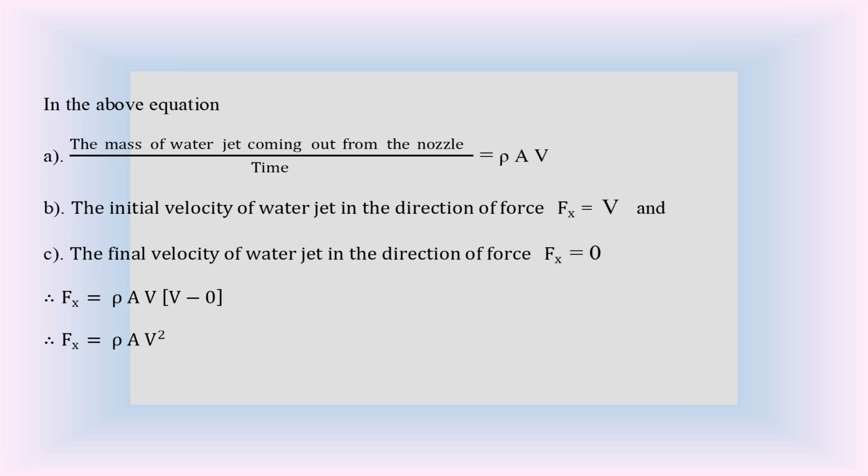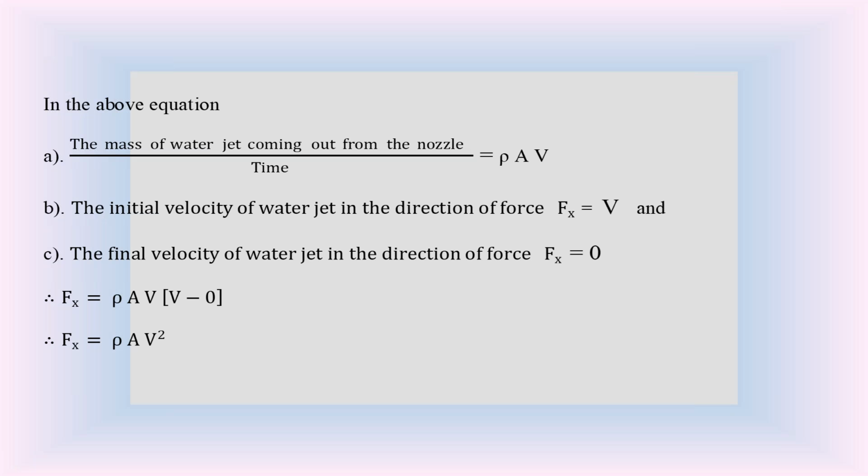Fx is equal to rho A V, that is mass of water jet per second, into the initial velocity of water jet in the direction of force Fx, which is V, minus the final velocity of water jet in the direction of force Fx, which is 0. So Fx is equal to rho A V into V minus 0. So the equation of Fx is equal to rho A V square.